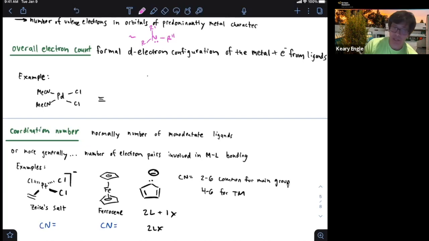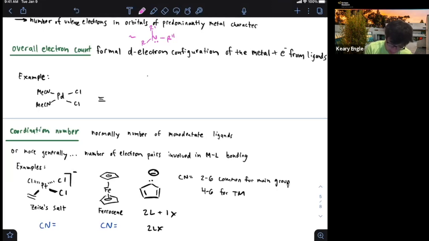So let's now consider an actual example, and hopefully this will become clearer. The example we'll consider is palladium dichloride bis(acetonitrile).